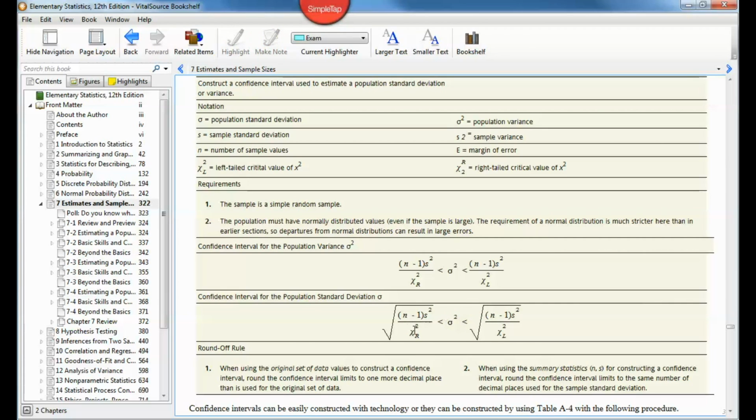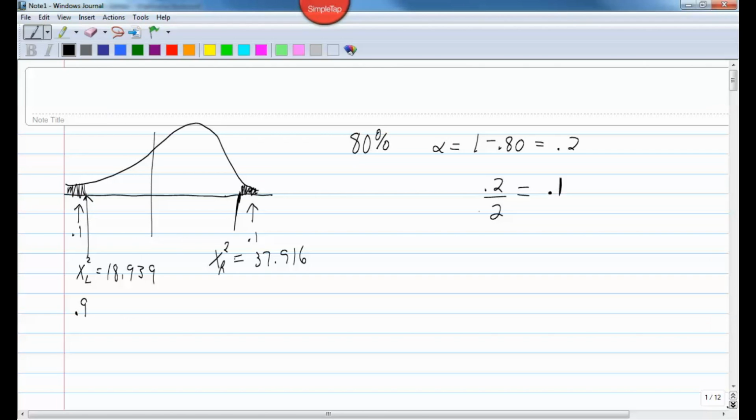Okay, so this is what we have to figure out. We have to do the square root of n minus 1 times s squared, that's the sample standard deviation squared, over chi squared sub r, and then we do the same thing except we have it over chi squared sub L. Okay, so those are the 2 calculations that we need to do.